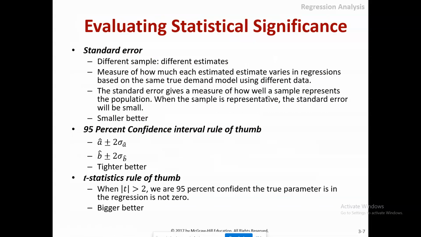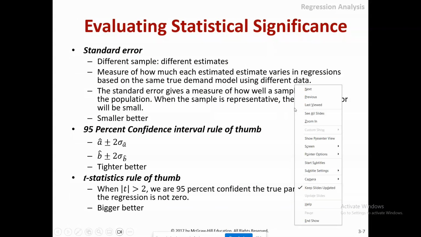The standard error measures how much each estimate varies in regression based on the same true demand model using different data. The standard error gives a measure of how well a sample represents the population. When the sample is representative, the standard error will be small.